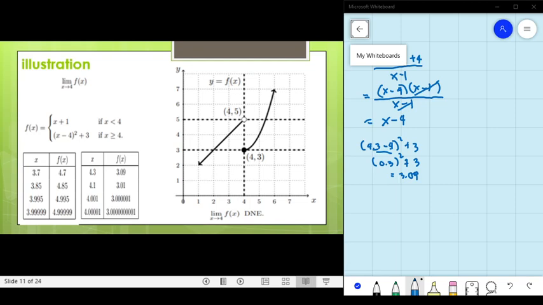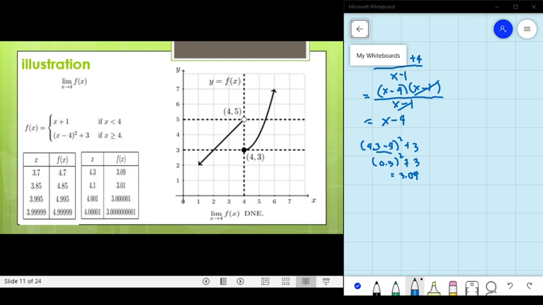So, in the previous example, DNE indicated that the function moves in different directions as its variable approaches c from the left and from the right.